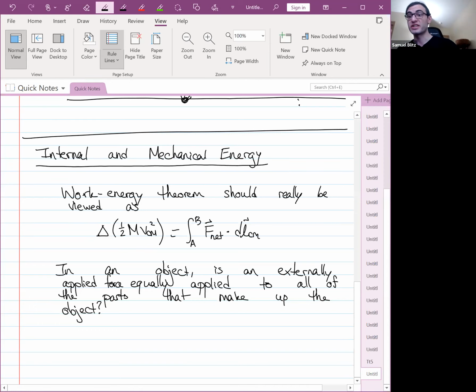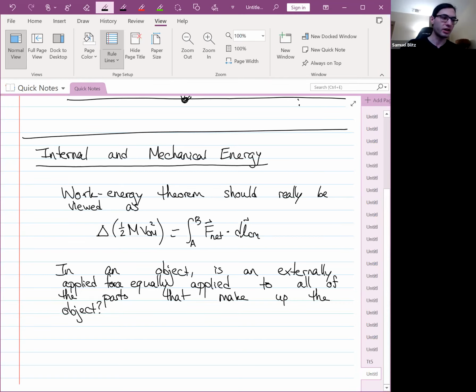So there are cases where externally applied forces are equally applied to all of the atoms in the object, and there are cases where they're not. So how does that affect what we mean when we talk about the energy of a system? Because if you just flick a ball, some of those atoms are going to get energy and not all of them will. So how do we actually describe that?